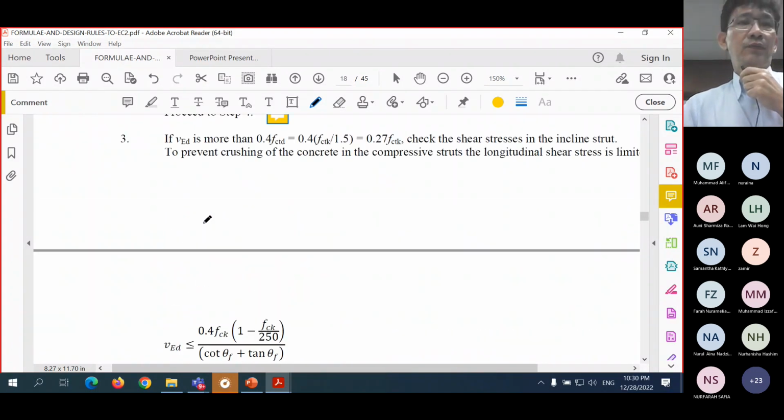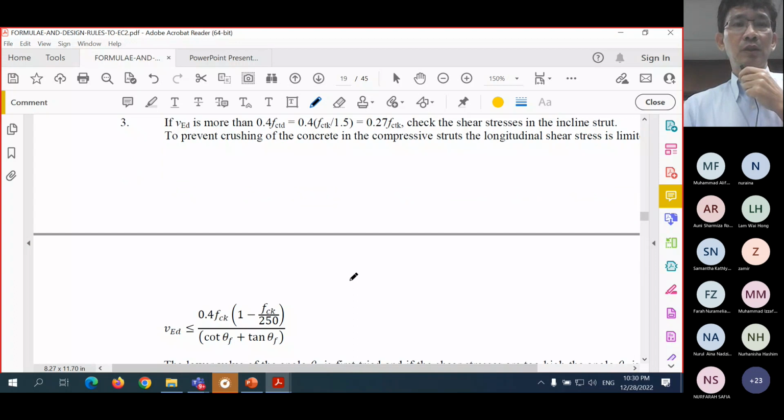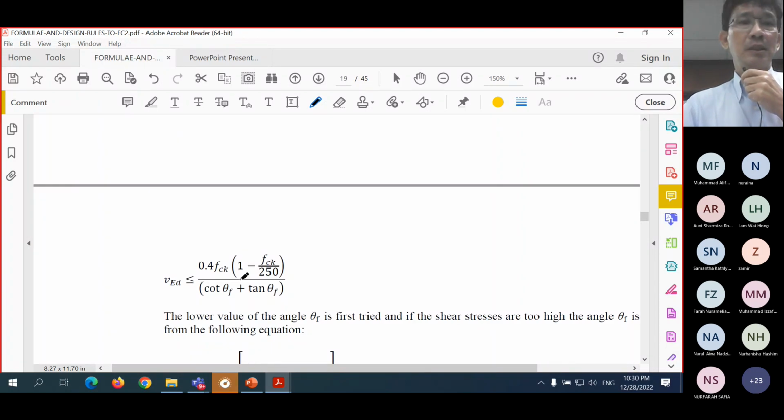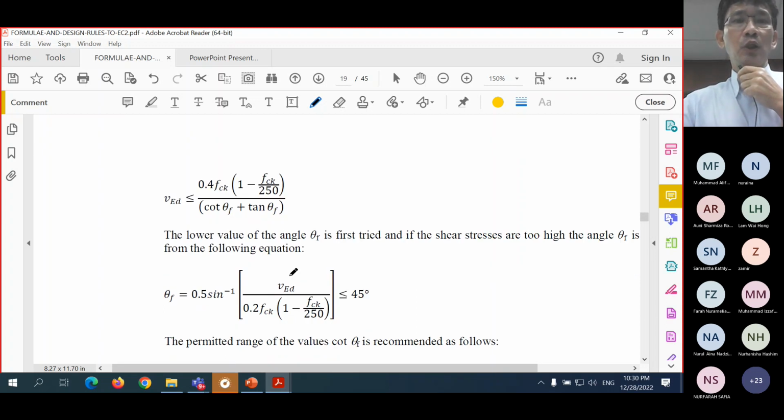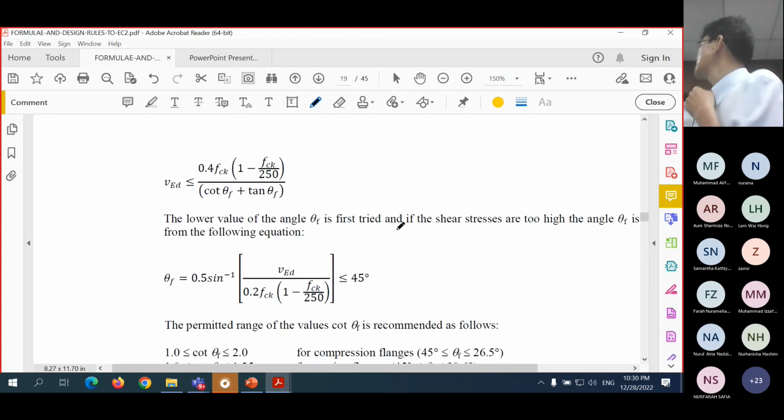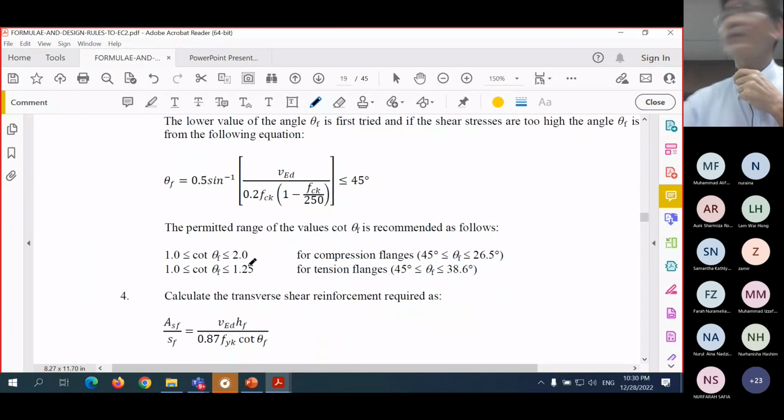If this is more than this, then we compare this with this. But because there is theta f here, we have to assume theta f first and compare. The lower value of the angle is tried first, and if the shear stress is too high, then we have to calculate the actual theta f using this formula. The theta f has a range of values given here.